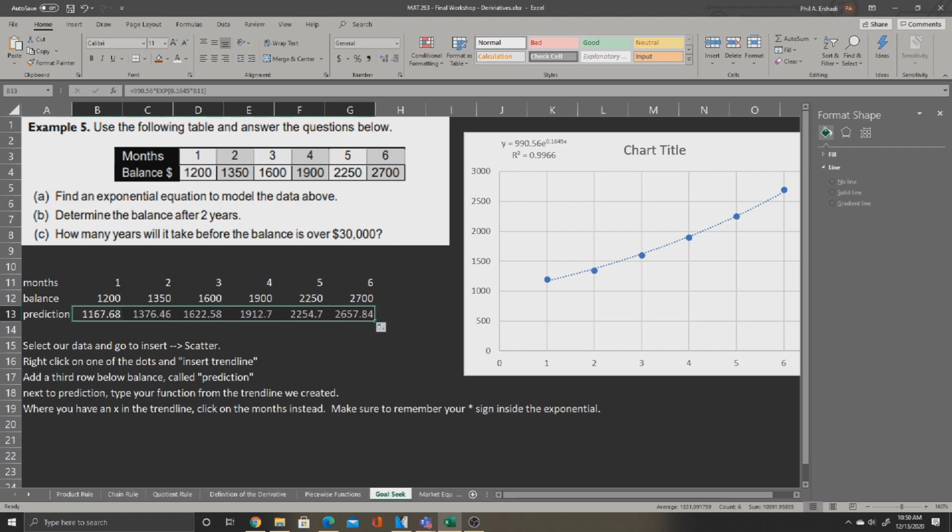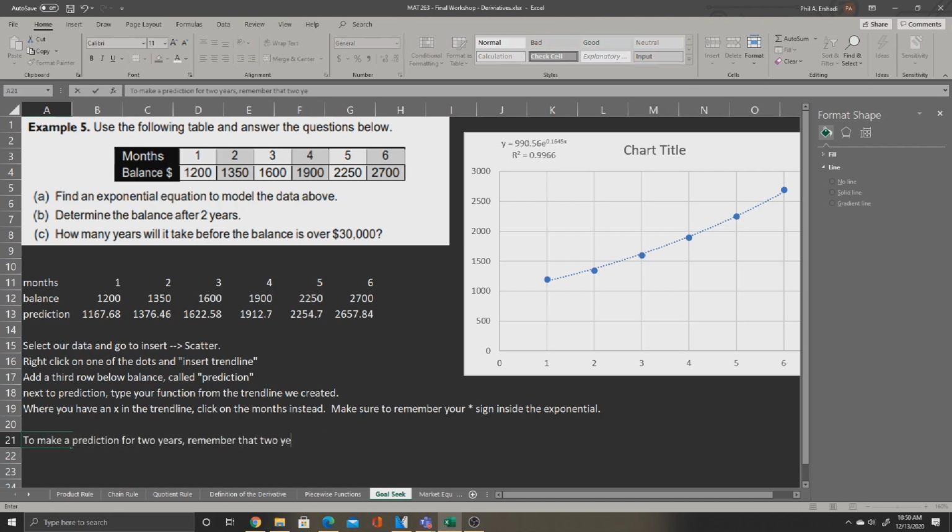And so now we can make a prediction for whatever number of months we like. To make a prediction for 2 years, remember that 2 years is 24 months. And we're going to place that in the months row.